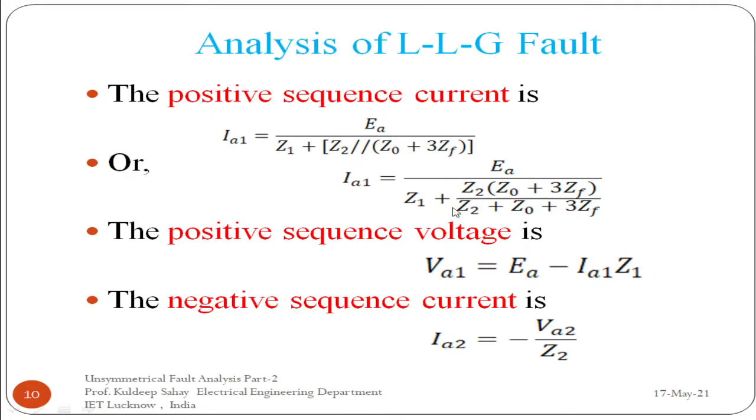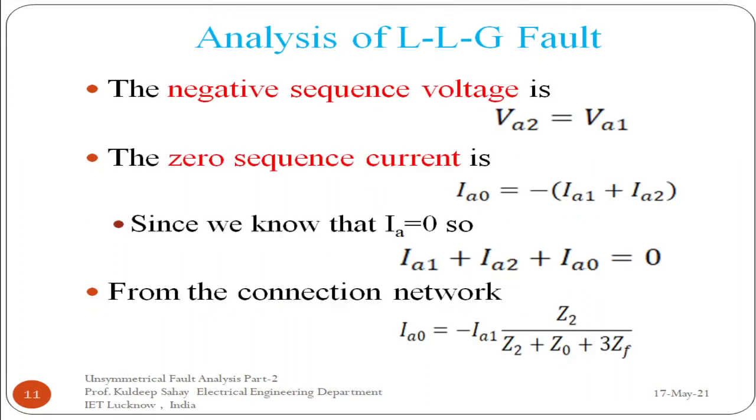So here the effective impedance will be higher compared to the double line fault, but if there is no ZF, the overall impedance of the circuit goes down, so the fault current will get a higher value.